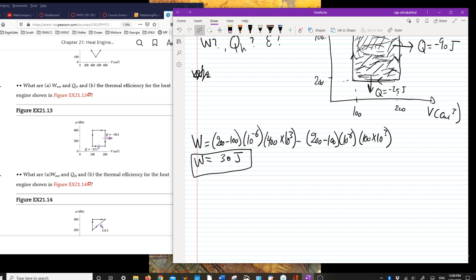Now, okay. So since I have here Q, this is leaving the system. Those heats are leaving the system. That means QC. So total QC here is basically 90 plus 25, and that'll be equal to what is it? 115. Okay, so that's QC.